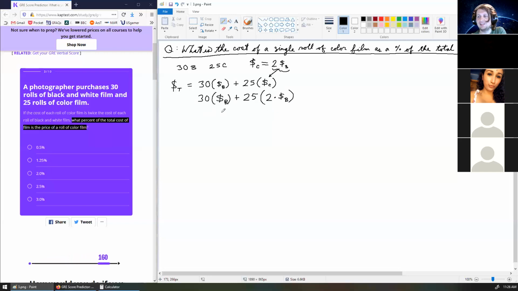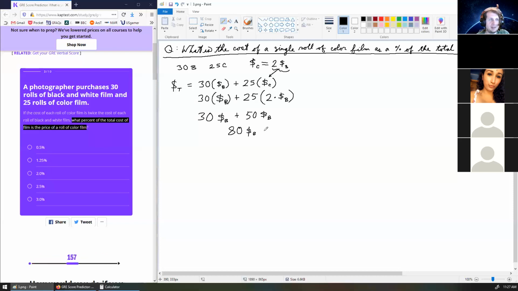Okay. So what comes next? We're going to add these together. 30 times the cost of black plus 50 times the cost of black. That gets us to 80 times the cost of black.